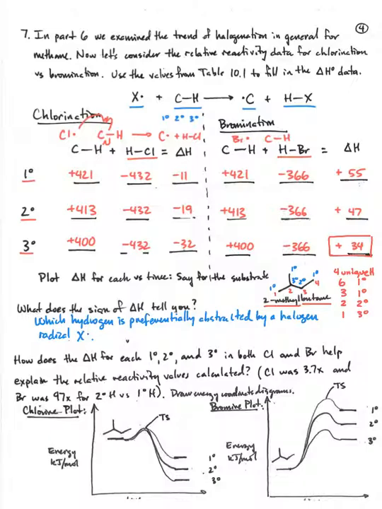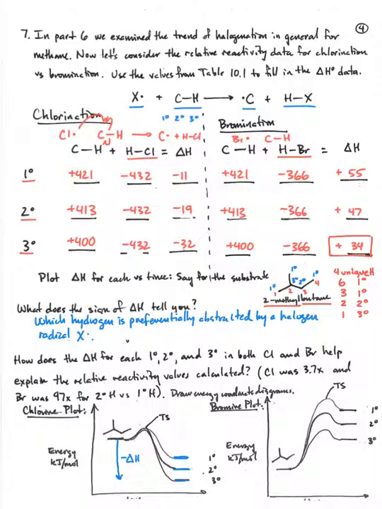So we have our molecule, 2-methylbutane. So we're looking at these different primary versus secondary versus tertiary. So we know that because the sign of the delta H value is negative, these energies here must be below our starting energy of our molecule.